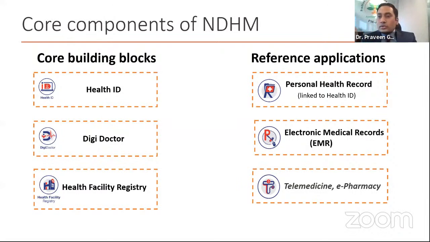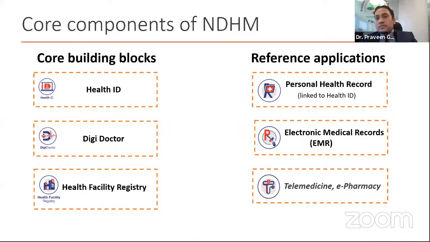So a doctor will also get a special ID. And similarly, for health facility, that is hospital, clinic, laboratory, pharmacy, similarly an ID will be given. So these three are the core registries which provide the unique identity required in the digital health ecosystem. And these will be manned only by government. We will be managing all these three building blocks.